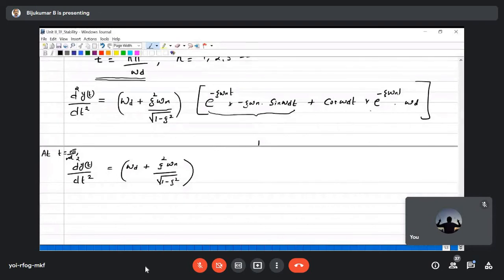So we can write this part as e power minus zeta omega n, and instead of t, substitute n pi by omega d, multiplied by omega d. What about cos omega d t? Instead of omega d, you can substitute n pi by t. So t will cancel. Finally, you get cos n pi.